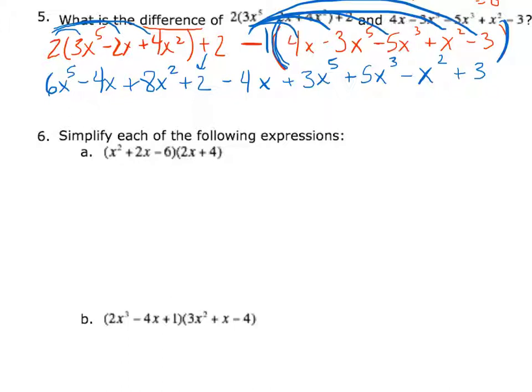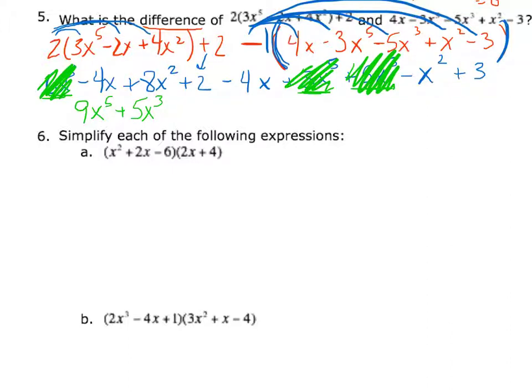All right, now I'm going to combine like terms. So anytime I'm going to start with the biggest exponent. So here's the biggest exponent right here, is x to the 5th. So 6x to the 5th and 3x to the 5th give me 9x to the 5th. I've used it, so I'm going to scribble it out. All right, next biggest exponent is 5x to the 3rd. And there's nothing to combine that with, so it just comes down.